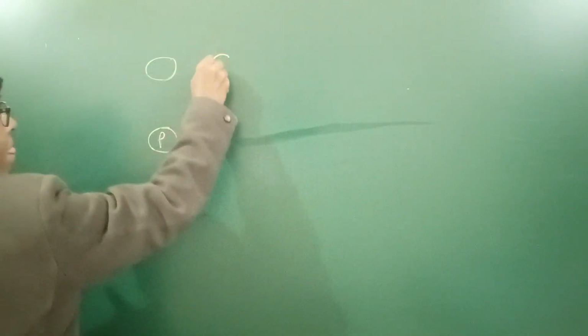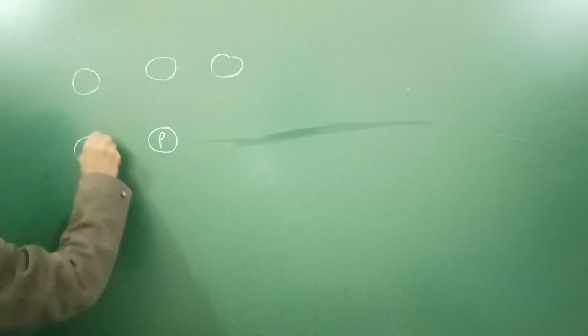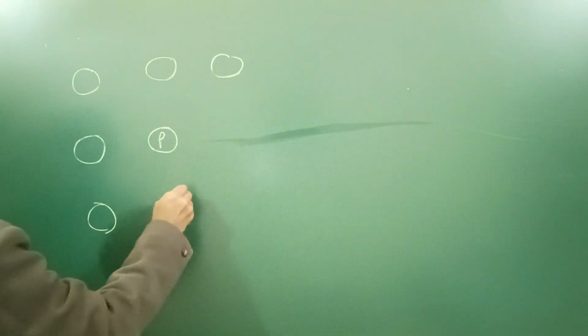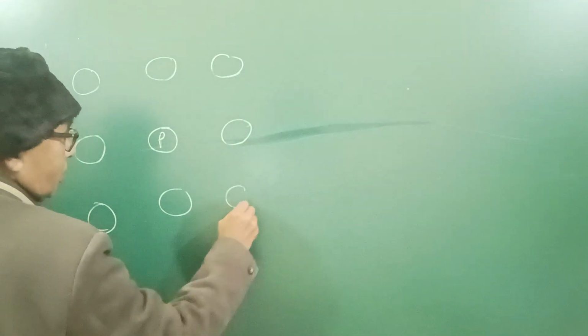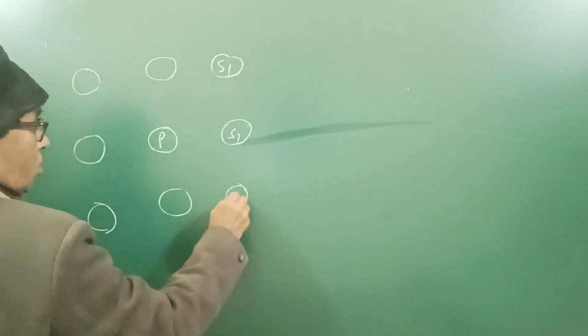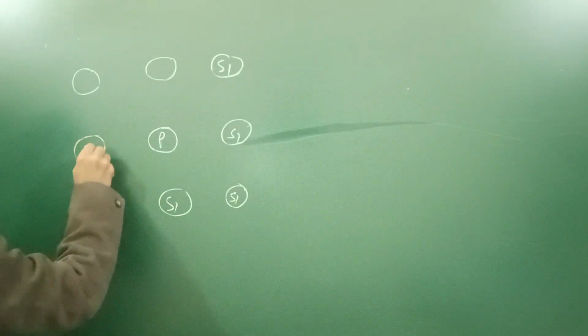So suppose here it is a phosphorus atom. These are silicon atoms. I am not able to draw the whole circle. These represent silicon atoms which are bonded with the phosphorus, a pentavalent atom.